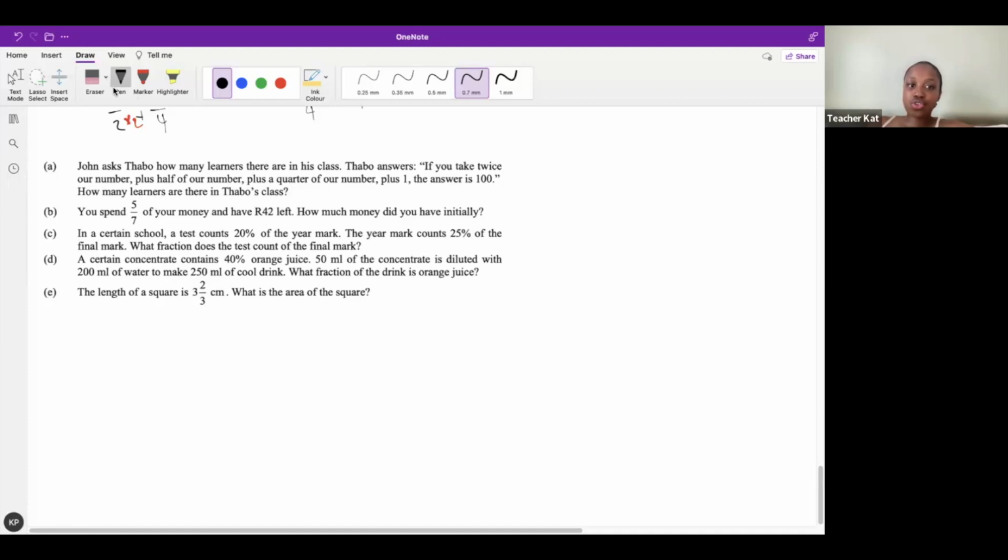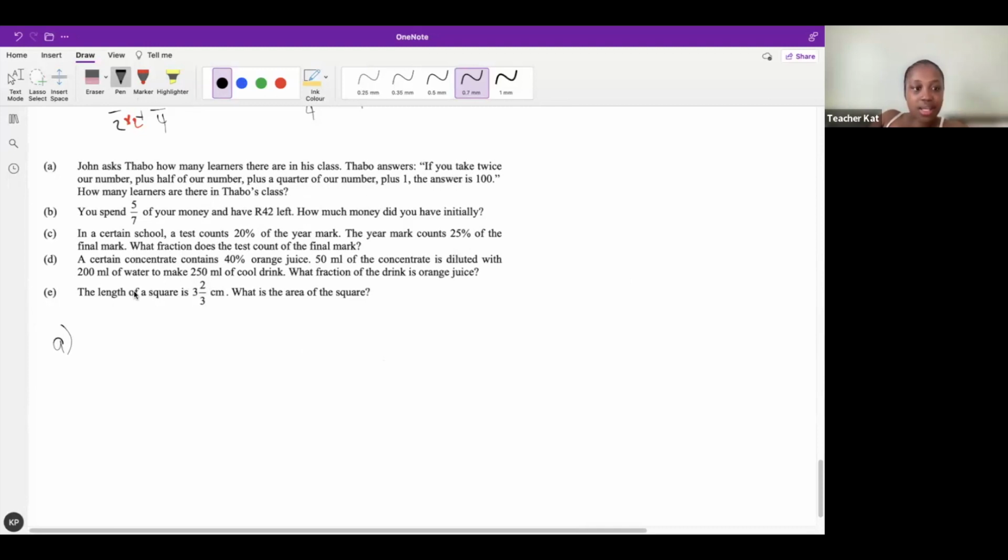So this is introducing algebra a little bit. We don't know the number. So what do we do if we don't know a number? We give it a letter.